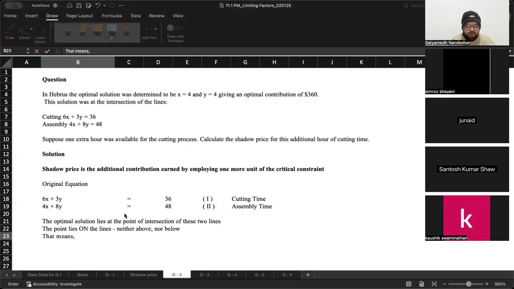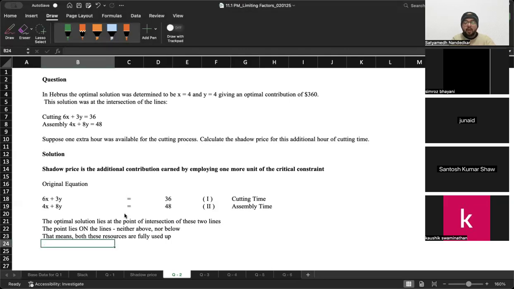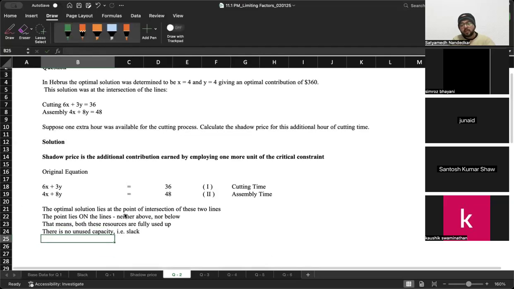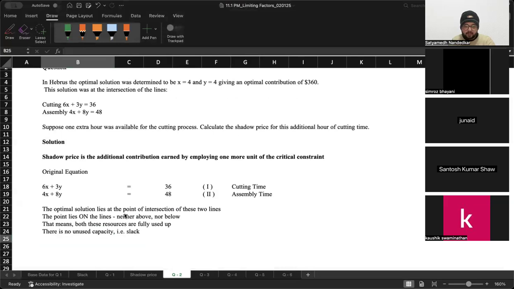That means both these resources are fully used up, because the optimal solution lies at the point of intersection of these two lines. There is no unused capacity, that is slack. There is no unused capacity in either cutting time or assembly time.